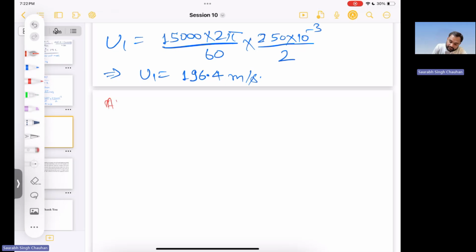At inlet, the velocity triangle will be something like this.